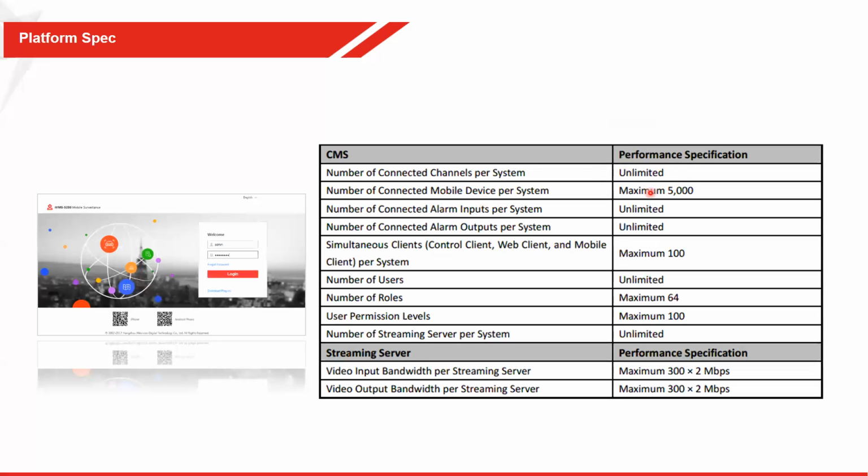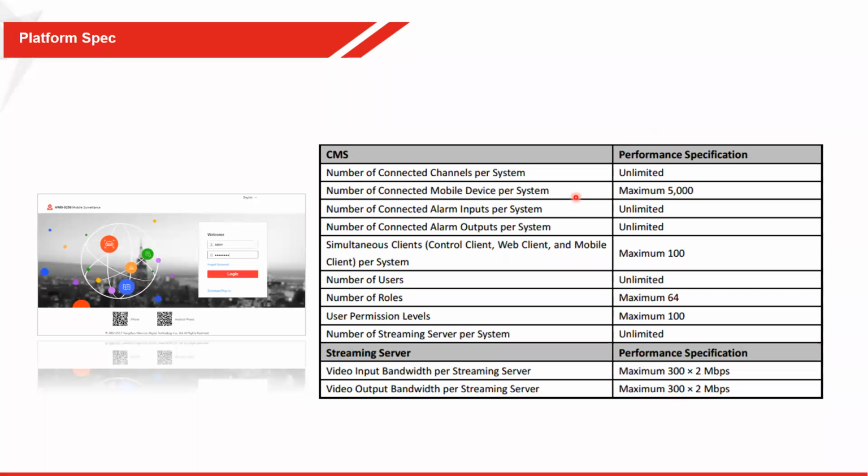By that, when we look at the 5200 mobile platform, when we add a device, the device is not the camera that's added. The device is the recorder. So the recorder counts as one device. So one recorder is one device.